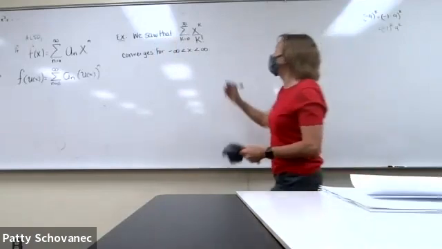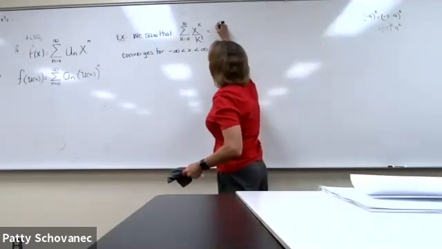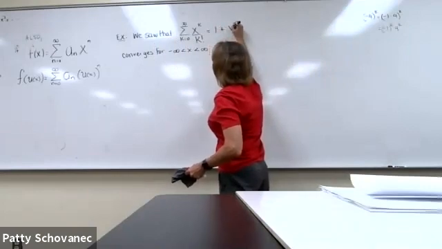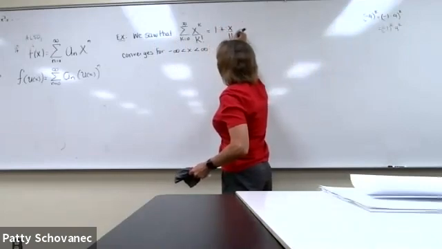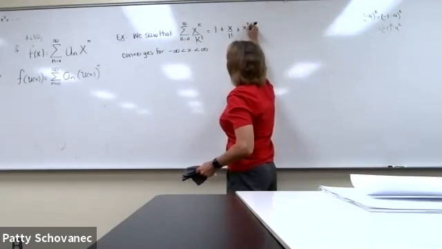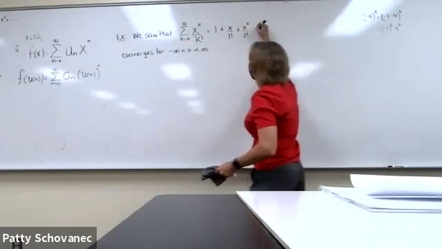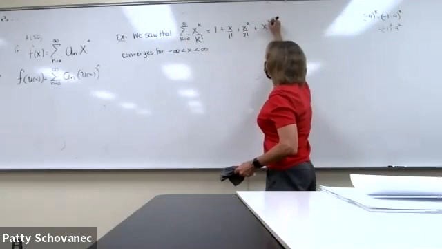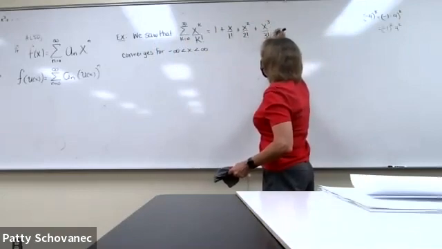Let me write this out. This means 1 plus x over 1 factorial plus x squared over 2 factorial plus x cubed over 3 factorial, like that.